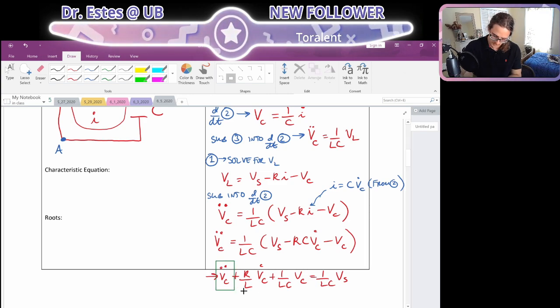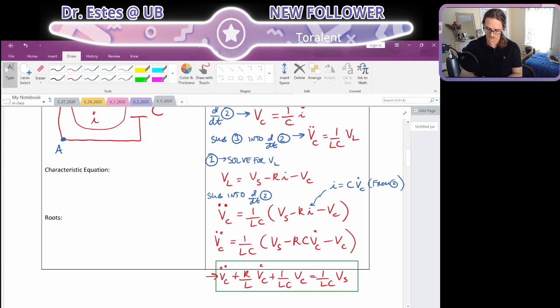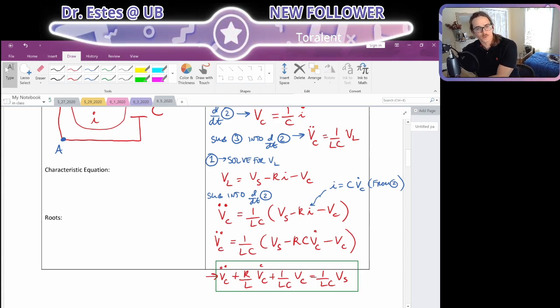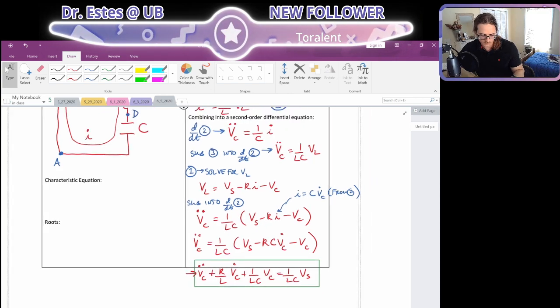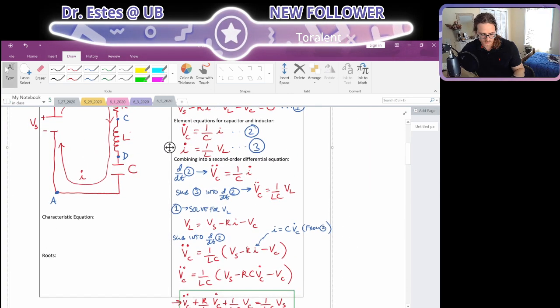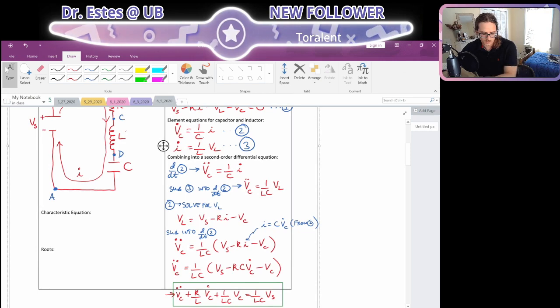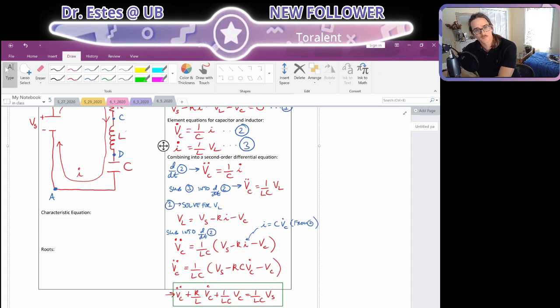And we did it, guys. That is the second order differential equation that describes the dynamics of this circuit. Well, it tells us what's going to happen to that voltage across the capacitor as we play around with that source voltage.